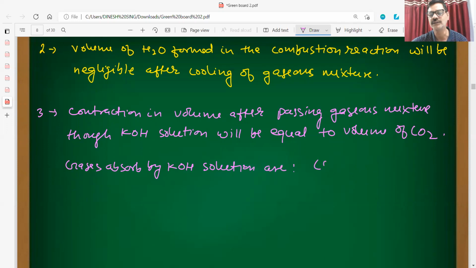CO2, SO2 and Cl2. SO2 is also absorbed because it will convert into K2SO3, and Cl2 is also absorbed because it will undergo disproportionation to form KCl and KClO3 depending upon the concentration. So by KOH solution, the contraction in the gases will be equal to the volume of CO2 or SO2 or Cl2.